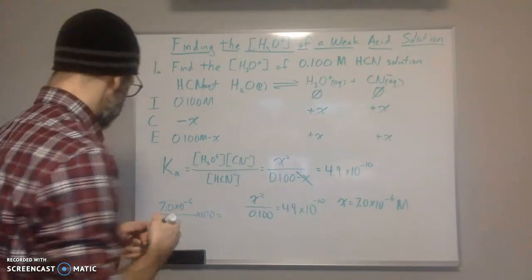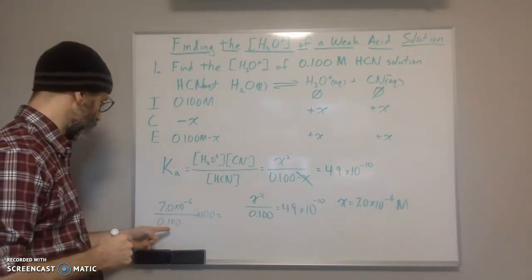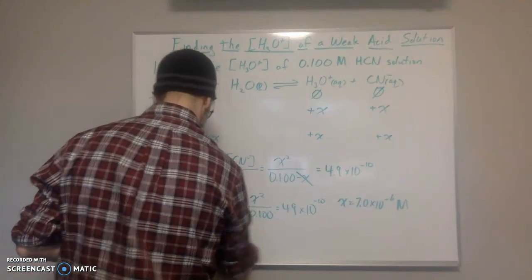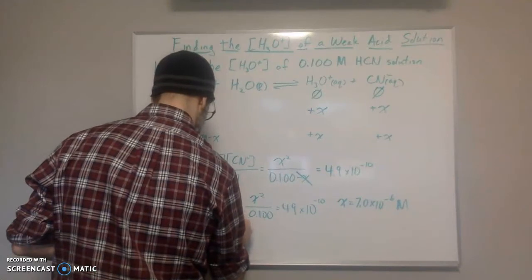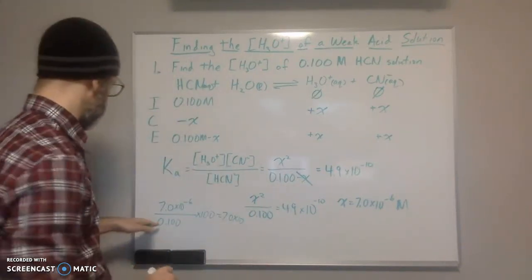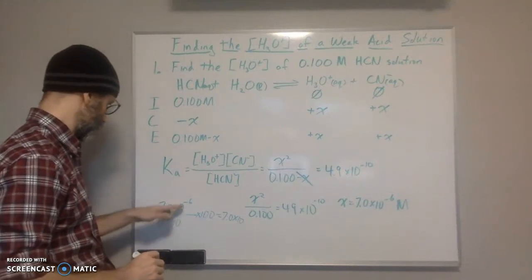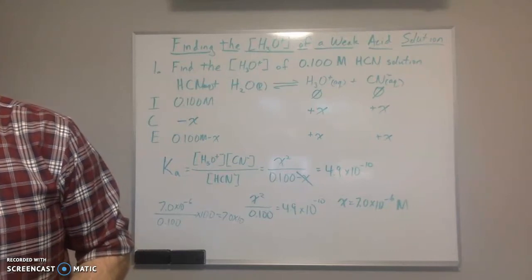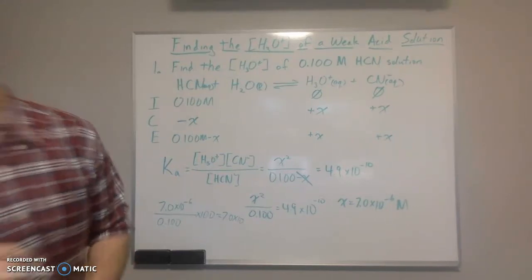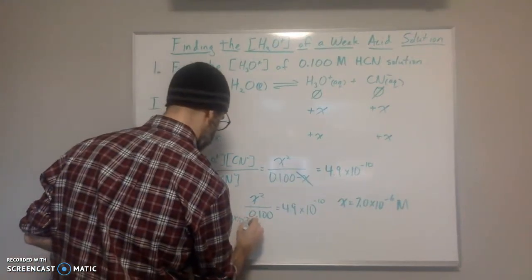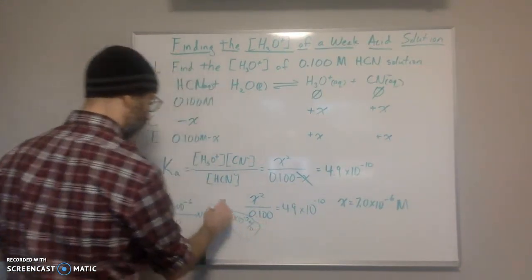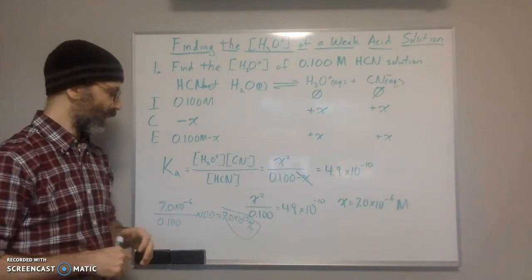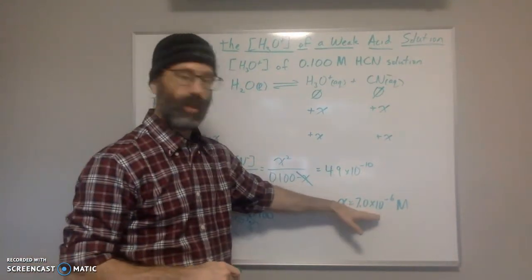That gives us 7.0 times 10 to the negative 3 percent. So that's definitely less than 5%. So definitely validated.